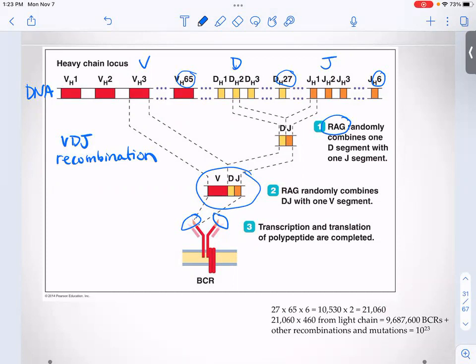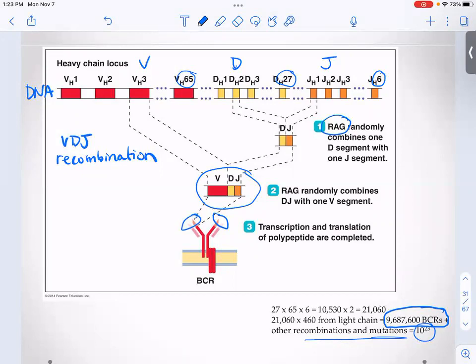So with this recombination event happening in both the heavy chain and the light chain, we think if you do the math, there's over 9 million possible B cell receptors with VDJ recombination alone. And then we think there's other kind of random recombinations and mutations that put this number up over 10 to the 23rd power.